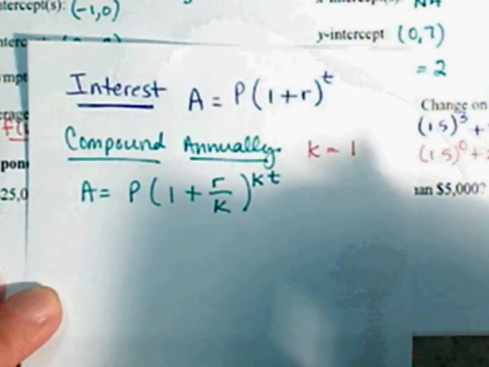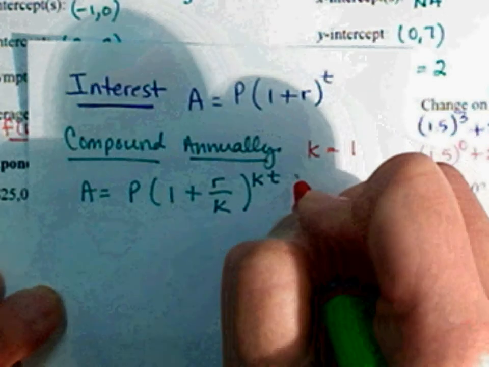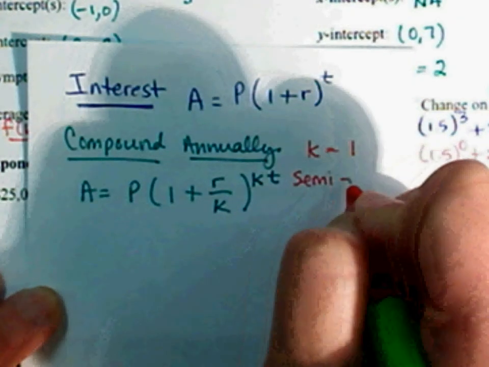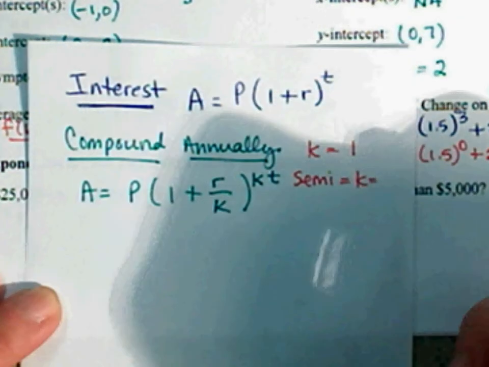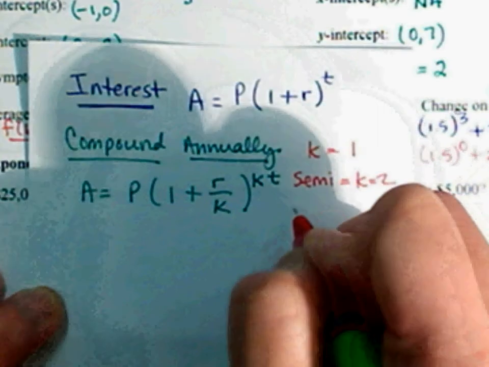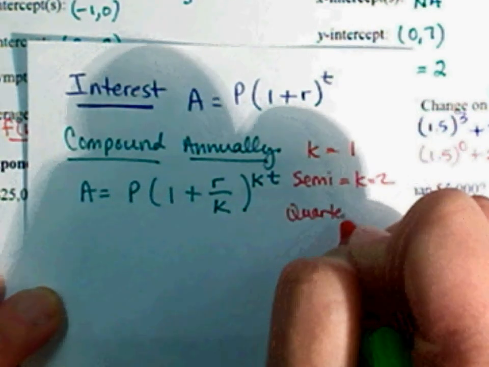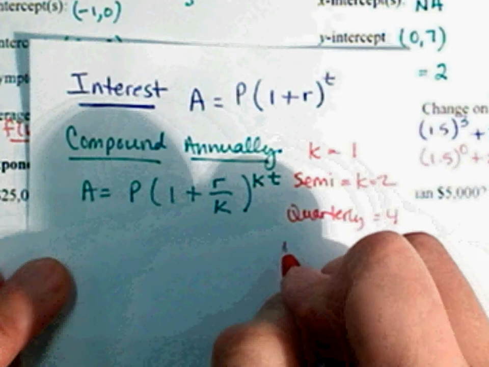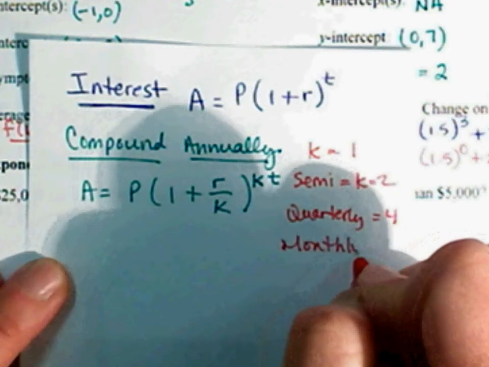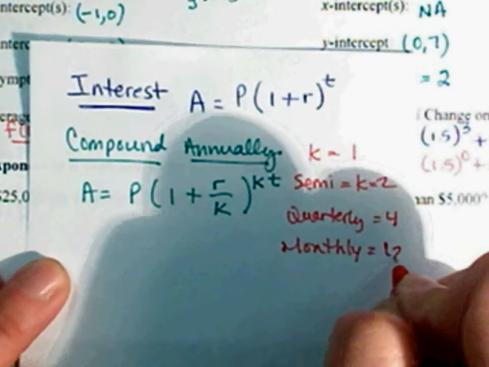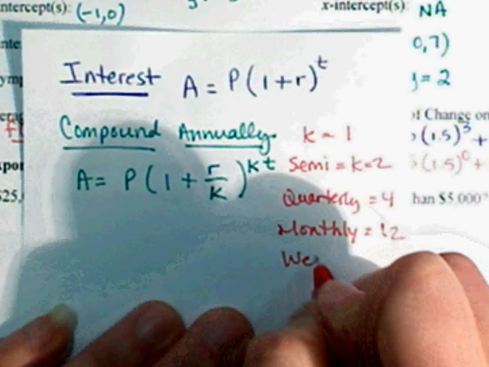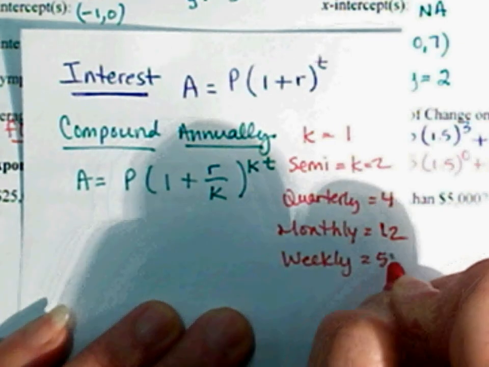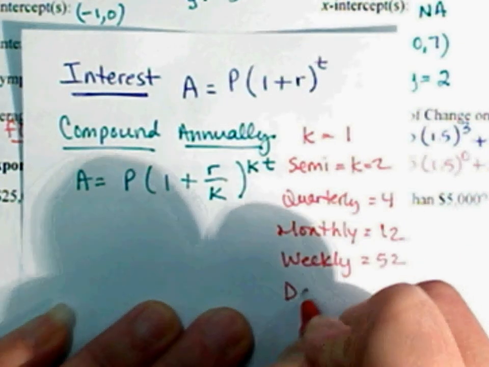Semi-annually, your k is equal to what? 2. If it says quarterly, it is 4, okay? If it says monthly, 12. Weekly, 52. And then daily, 365. So make sure you know that.